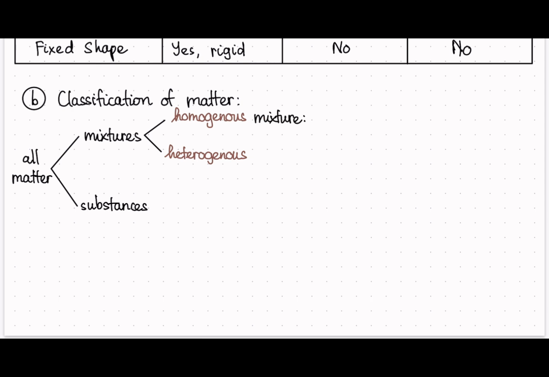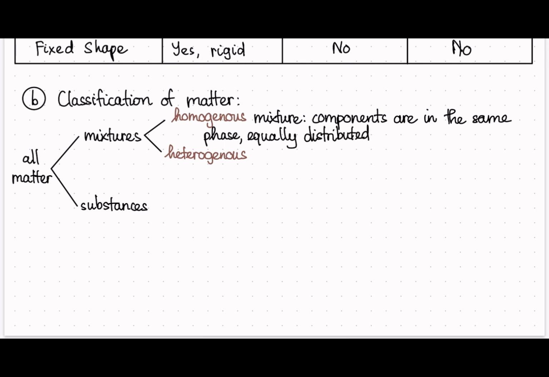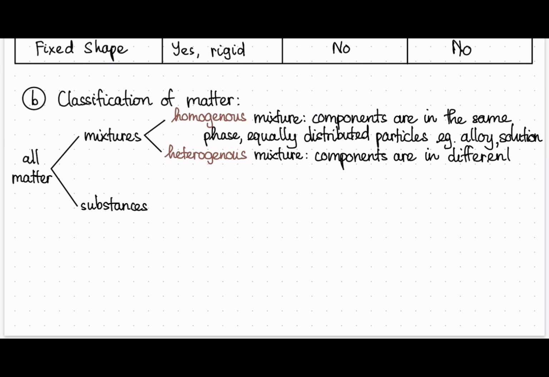In a homogeneous mixture, the components are in the same phase and the particles are equally distributed, for example an alloy, which is two different types of metals mixed together, or a solution, which is ions mixed with molecules in a liquid solvent. The second type, heterogeneous mixture, is when the components are in different phases and there are physical boundaries between components. That means liquid mixed with solid, or solid mixed with gas, as long as it's two different phases.